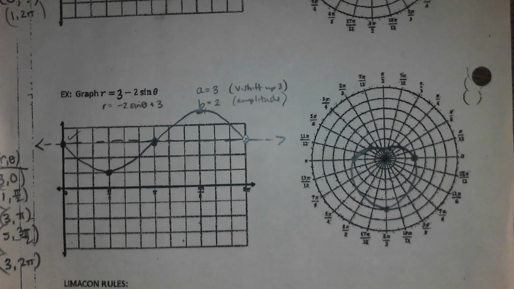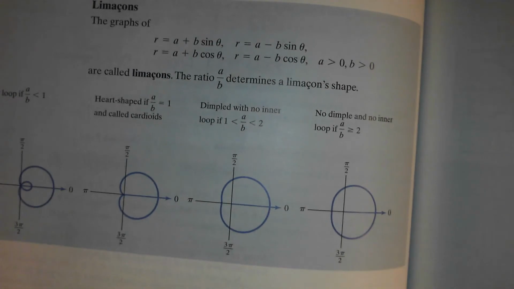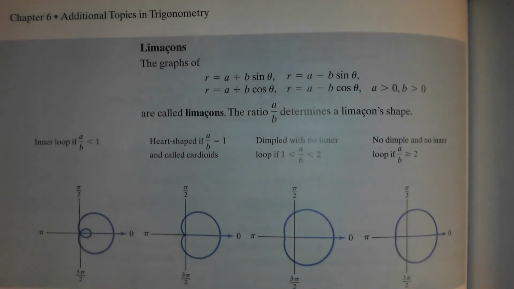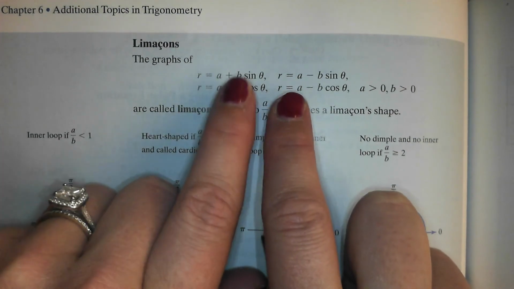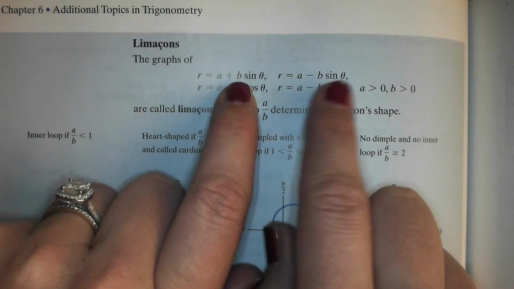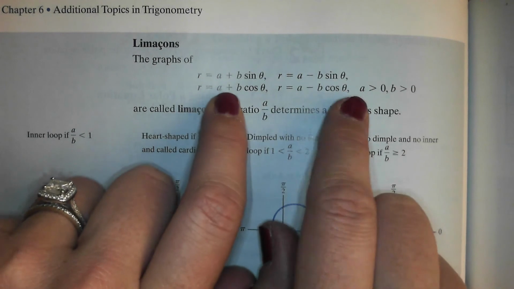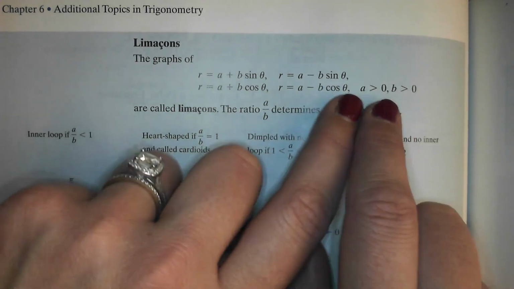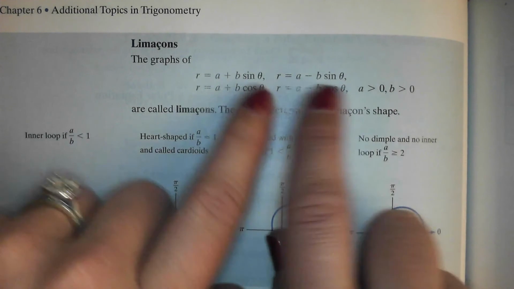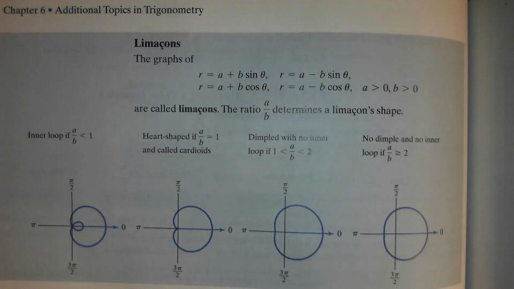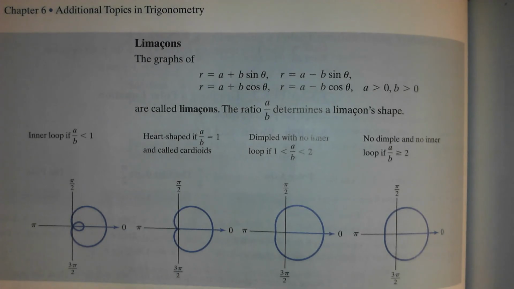Okay, so now that you've seen that, I'm going to show you the chart that I initially had. So here's all your different formats. Obviously you can do a plus the b sine or a minus the b of sine, a plus the b of cosine, a minus the b of cosine. A always has to be greater than 0, which means limacons always have a vertical shift of some sort, right?